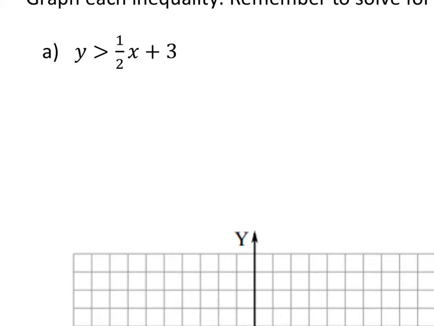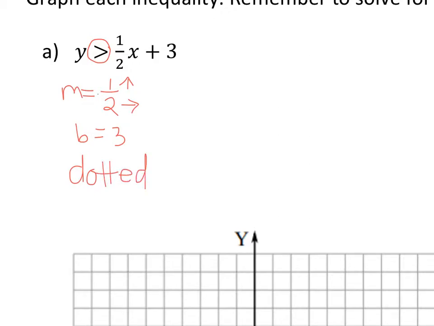Our slope is 1 over 2, which means up 1, right 2, and the y-intercept is 3, where we begin. Because of this symbol, I know it's going to be dashed or dotted. And to determine what to shade, we need to first graph it.